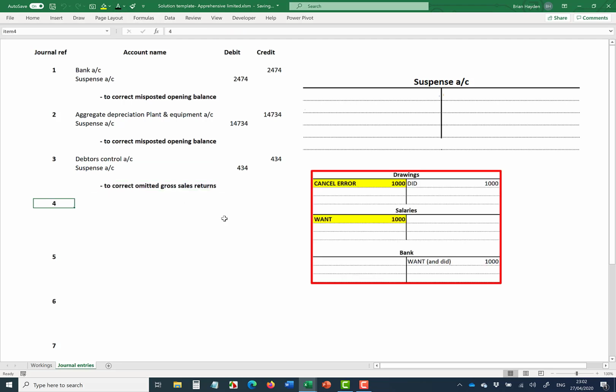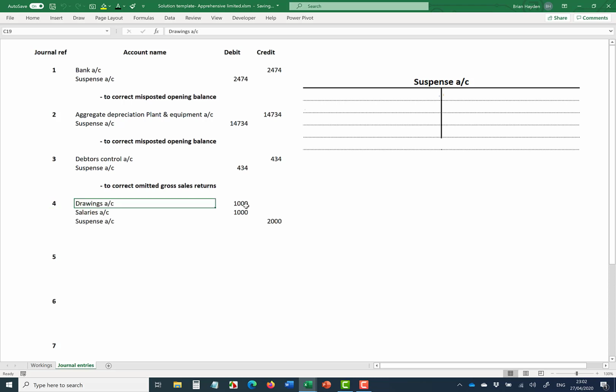Item 4, this was the drawings account was used for staff salaries. So we have to debit drawings, debit salaries, and the bank account is okay, we'll credit suspense. So debit drawings, debit salaries, and credit suspense. And again, just show the description.